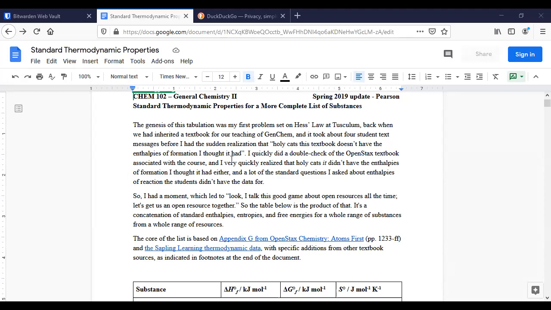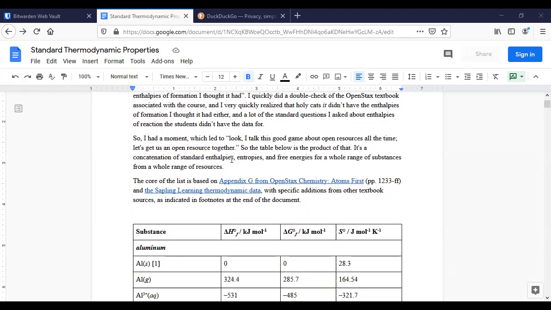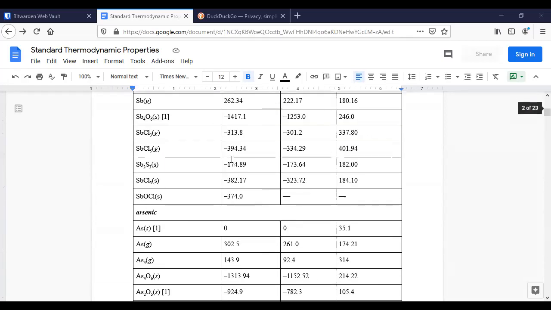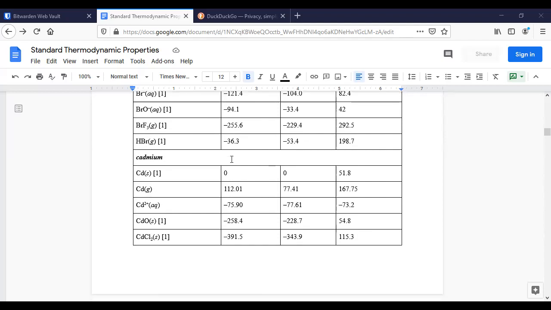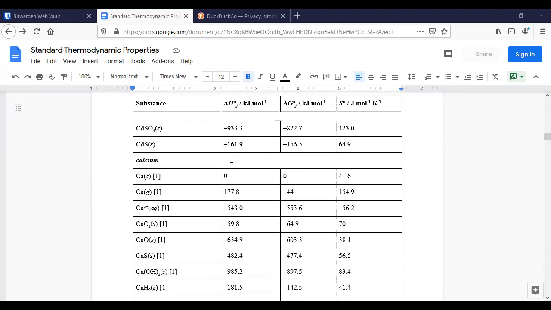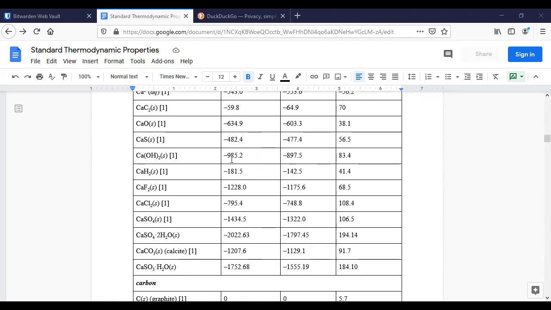It compiles stuff from our textbook and from Sapling Learning's thermodynamic data into one big tabulation. Let me find calcium carbonate on this table. It's a long table. We got 23 pages to this thing. It's got all kinds of chemical substances on it.